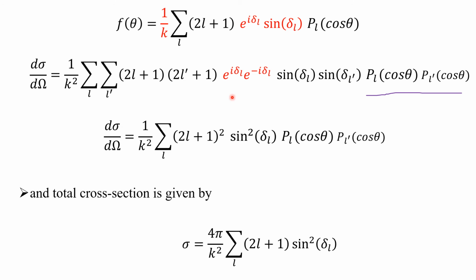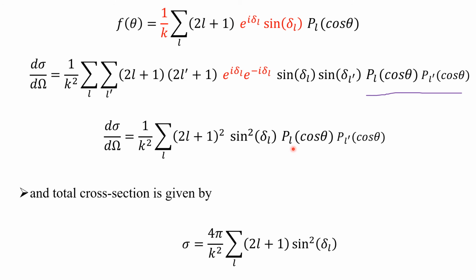So the summation exists only when l is equal to l prime. So this will become (2l+1) into (2l+1), which is (2l+1) whole square. This term will become 1, and this is sin squared δ_l.